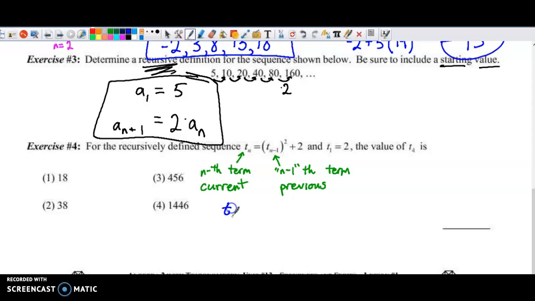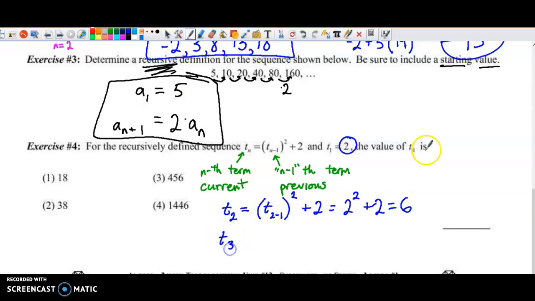So if you need t subscript 2, you have to plug in 2 for n, and just think about what 2 minus 1 is, that you're going to square it and add 2. Well, 2 minus 1 is 1, t subscript 1 is 2, so it's 2 squared plus 2. I think you can do that math in your head to get 6. But that's not what we want. We want the fourth term, so we've got to find the third term.